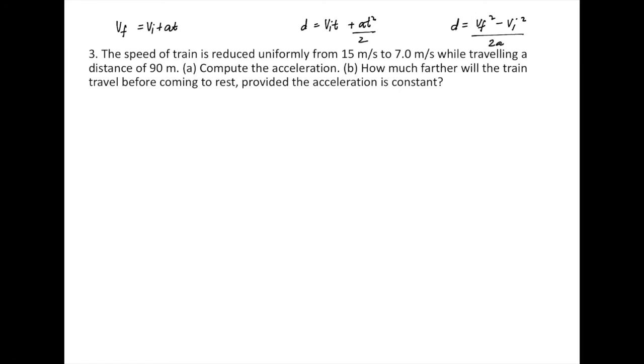Let's try to write our given. The given here we have 15 meter per second. That would be the vi. And then 7 meter per second, that would be the final velocity or the vf. And then we also have a distance of 90 meter.